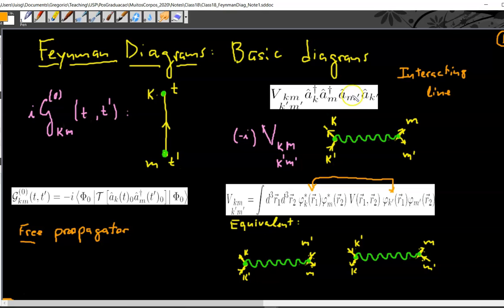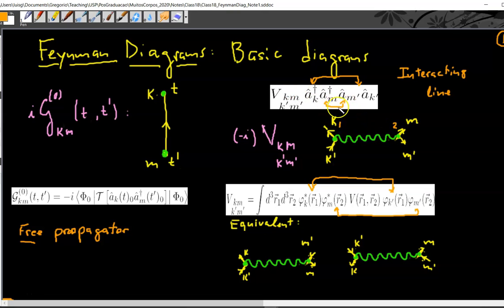And then destroying an operator at state m prime and creating at state m. I'm using the same letters here, but they are not related, okay? So these ones happen at position 1, and these two, let's put them here, position R2. So this is one vertex. This is the other one.